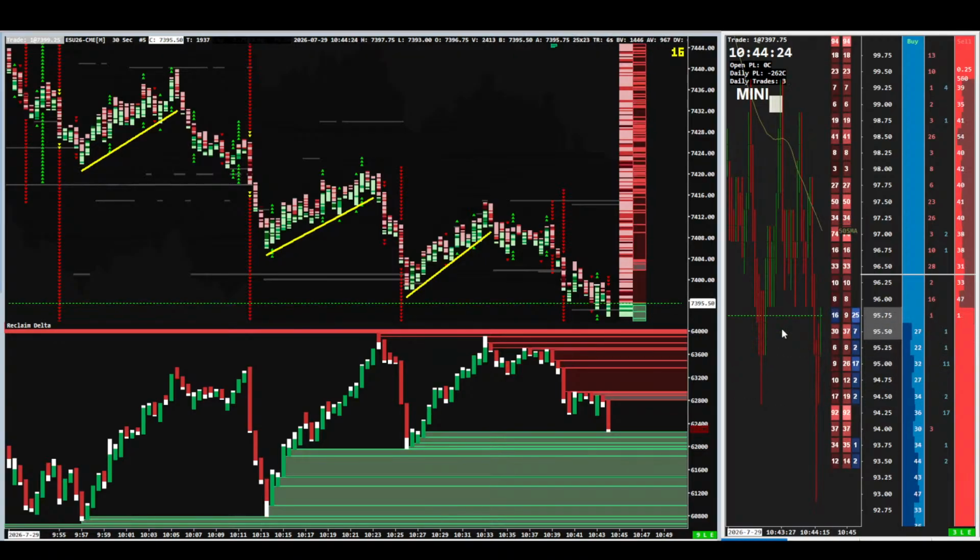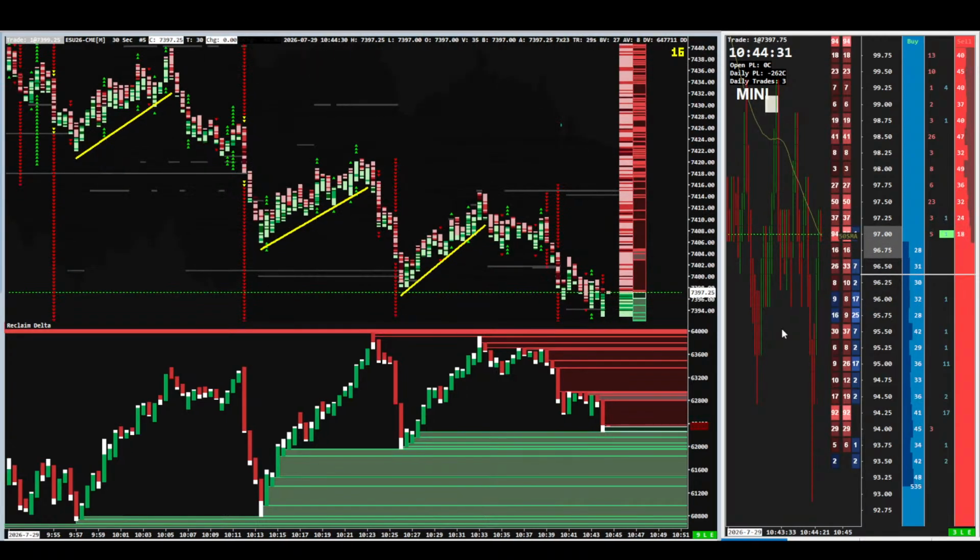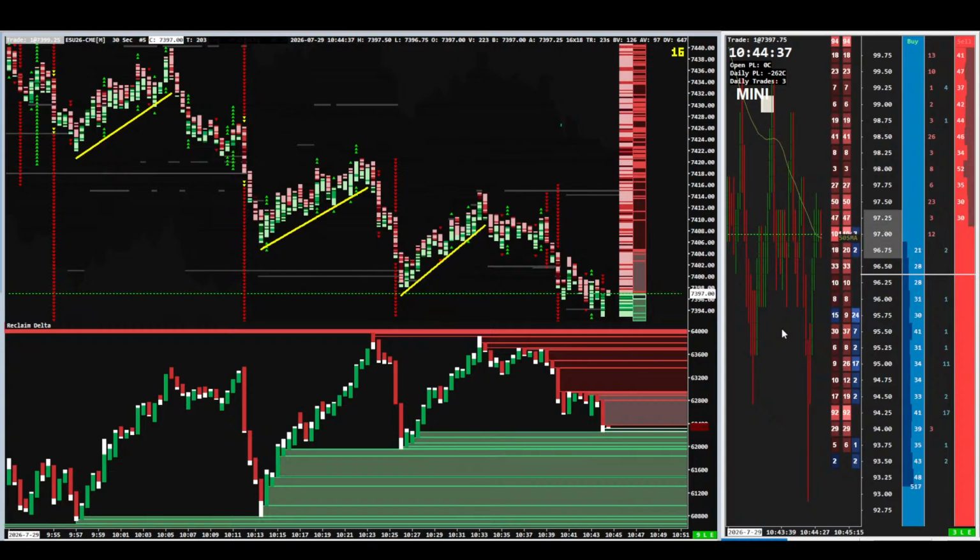There's a lot of sell pressure here that's coming in. See, they were buying it right in these 1s and 2s and 9s and 400s, and that was pushing it down. Now you got all this sell pressure right here.